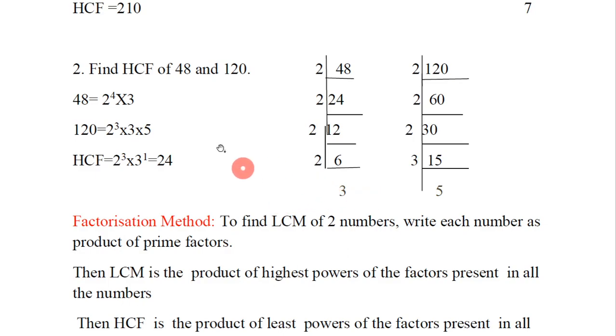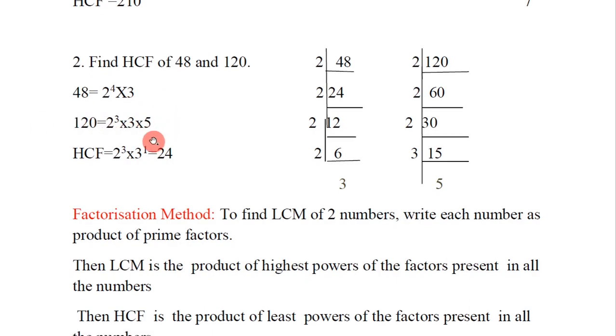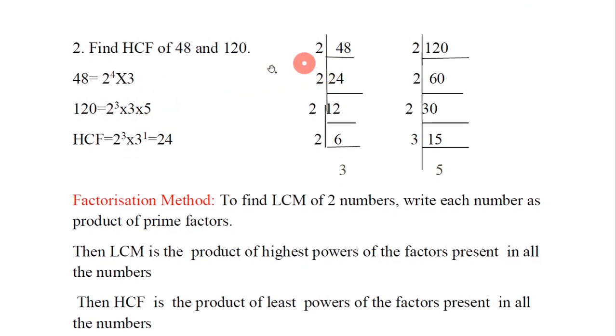Now this method is called the factorization method to find the HCF of two numbers. We can use the same method to find the LCM of two numbers also. But while finding LCM and HCF using the factorization method, we follow a rule.